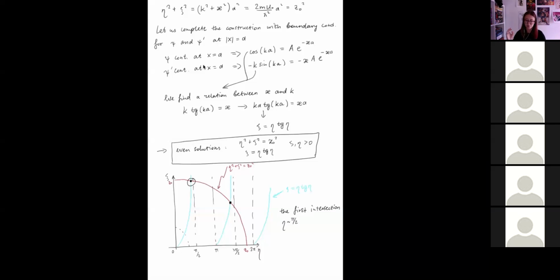Then essentially the number of intersections, which denote the number of the even bound states, will grow. So bigger z0, more bound states, which totally makes sense because the wider or the deeper the potential is, there are more possible energies that it can bind.